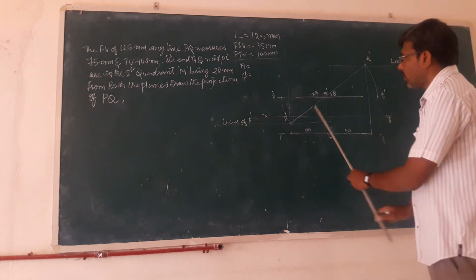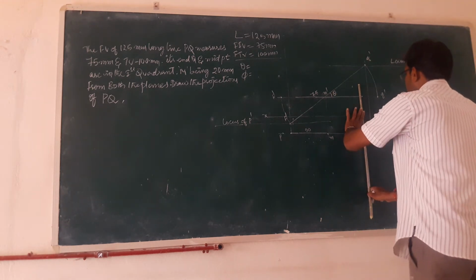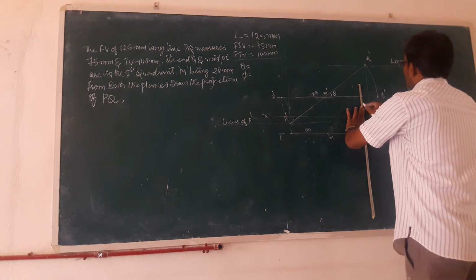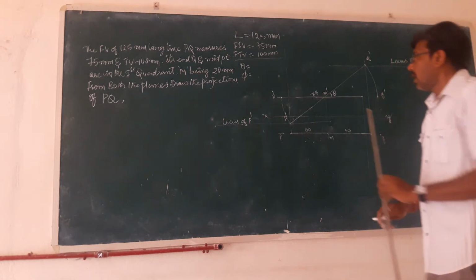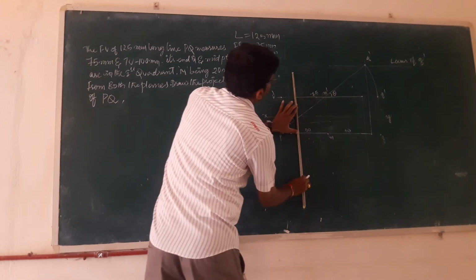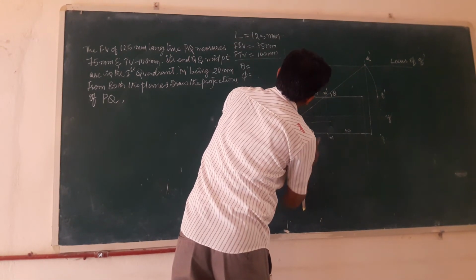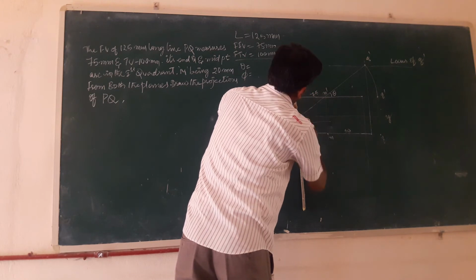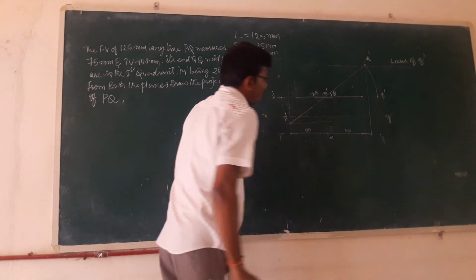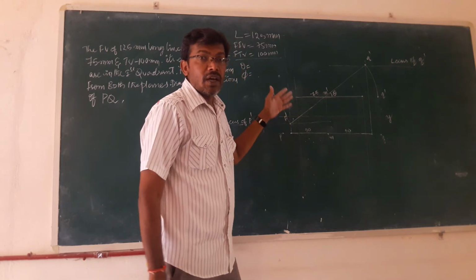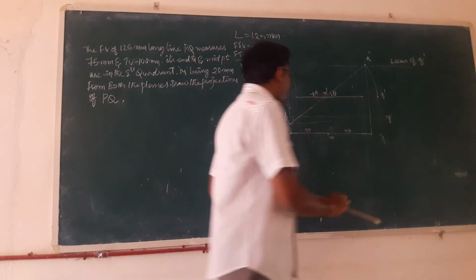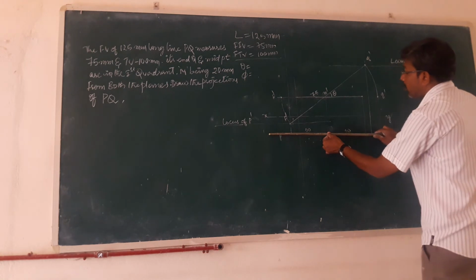Now I will draw perpendiculars to the XY line, one like this and another one like this. These are called projectors. Then I will rotate this particular length.